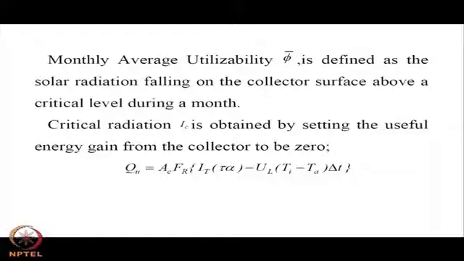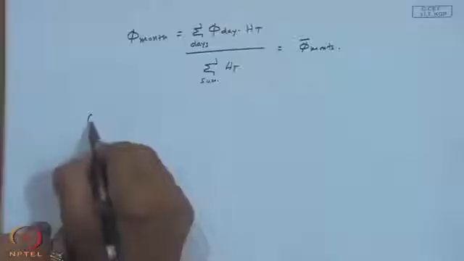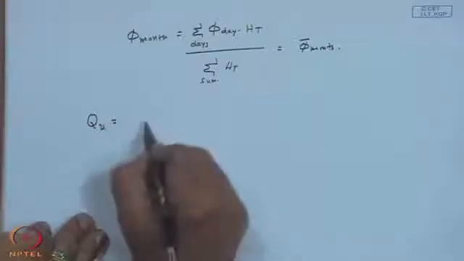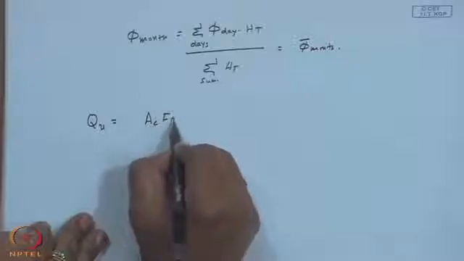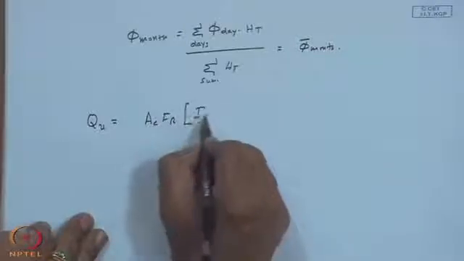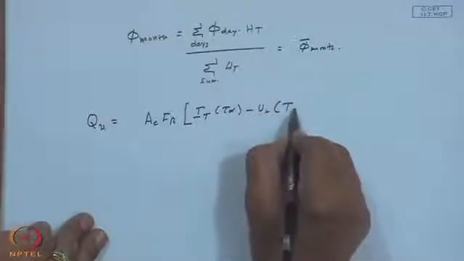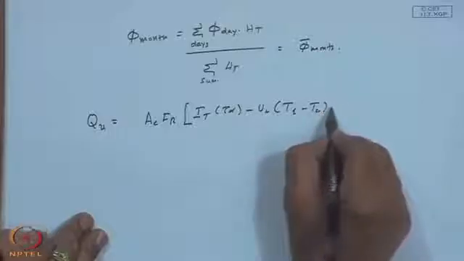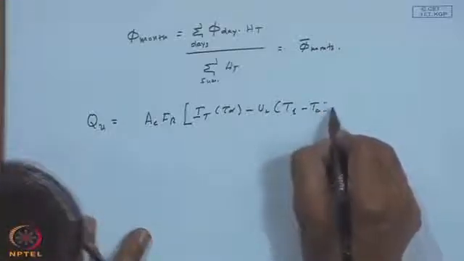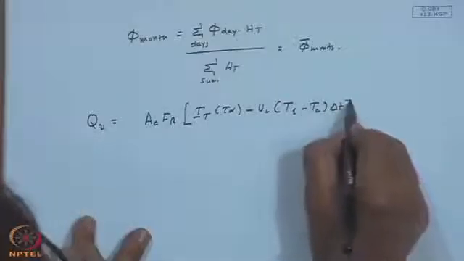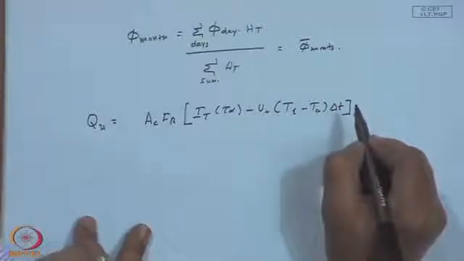So, let us go a little bit into the critical level. My useful energy gain equation is Q u equals A C F r times I t tau alpha minus U L into T i minus T a. For the sake of completeness and clarity, here I shall use the time factor delta t. Otherwise, you may not be able to calculate the critical level over a period of 1 hour integrated, compared to the intensity at an instant.